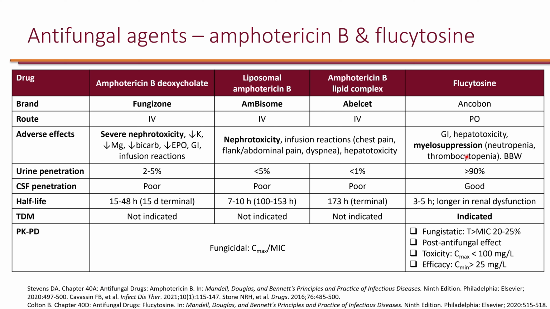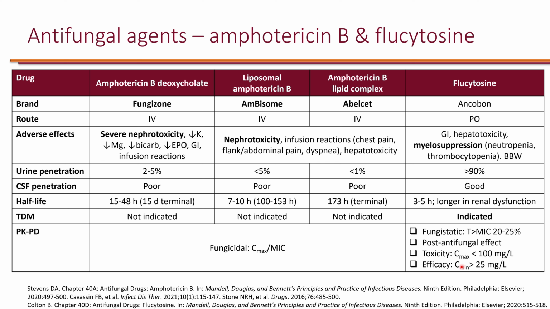So renal function must be monitored closely because typically this is given 4 times a day, but as renal function deteriorates, the dose needs to be adjusted. Because of the serious adverse effect of myelosuppression, therapeutic drug monitoring is indicated.